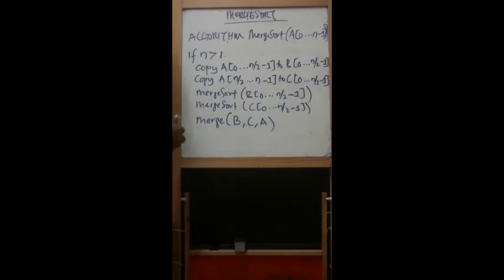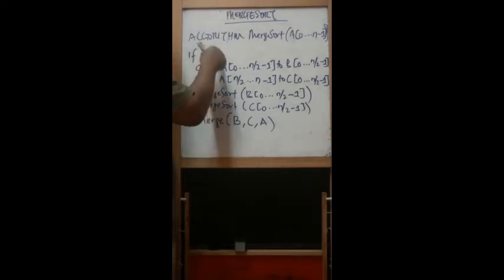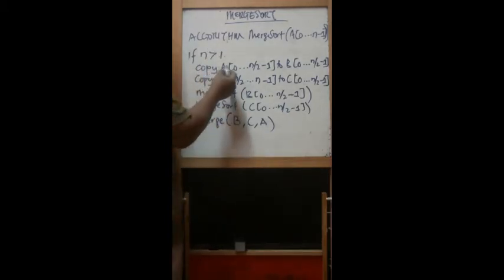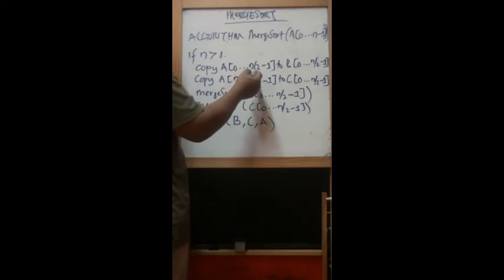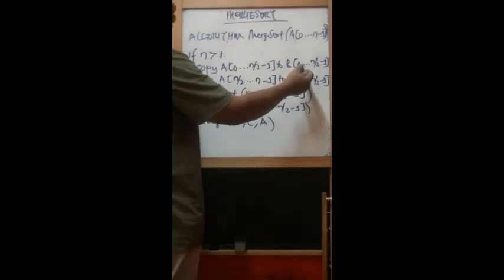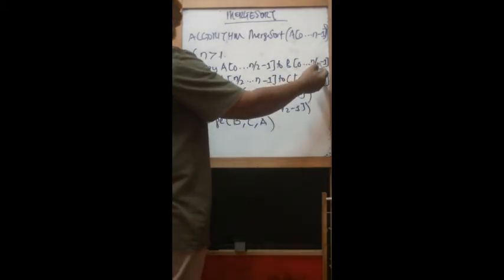Okay, and the first case is when this is true, when n greater than 1, which is at least 2. So we need to copy A, the original, the first half of the array, to B, with indices 0 to n over 2 minus 1.